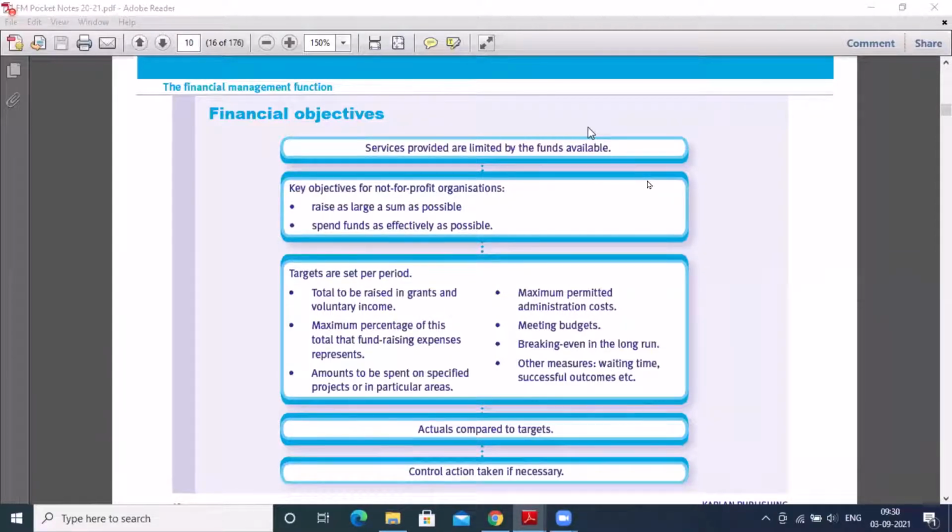So initially it may not be possible because a charitable organization cannot raise that much fund. Definitely they will be utilizing the corporate fund there. But in the long run, at least they need to try for the break even. It means the annual revenue should be sufficient to meet their annual expenses. So that is known as meeting the break even in the long term. I hope it is clear now.